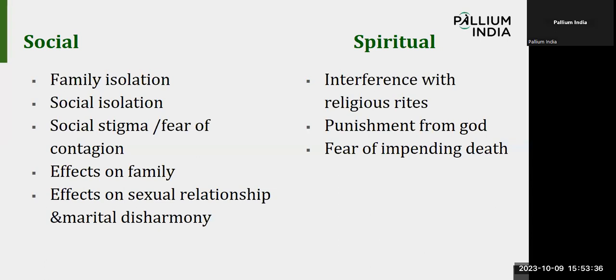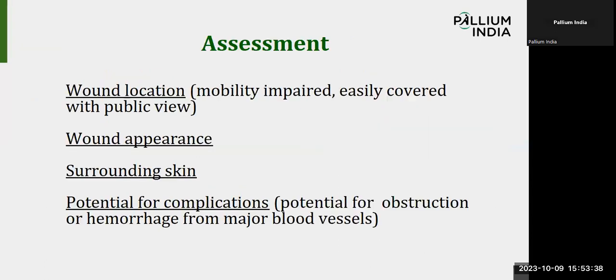Okay, so in this kind of patient also, we do a thorough assessment, that is wound location, where the wound is located, mobility impairment, if the presence of the wound is impairing his mobility, whether it is easily covered from public view or not, right? And the wound appearance, how the wound is appearing. If it is a fungating ulcer, it will be a cauliflower shape. Surrounding skin, how it is, right?